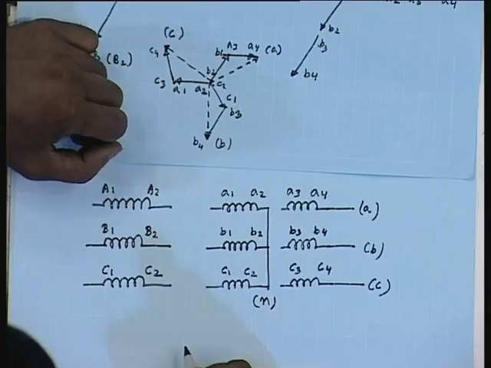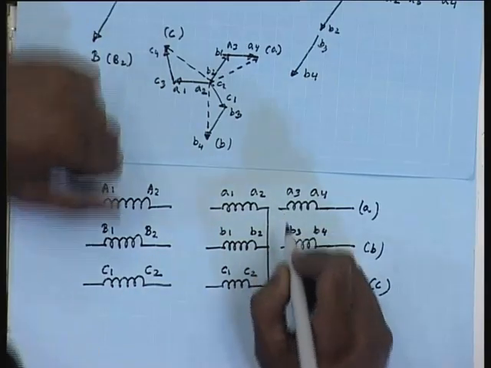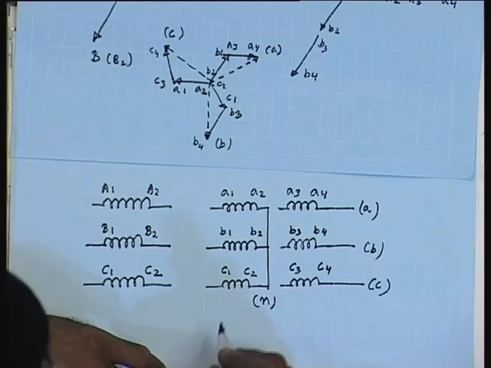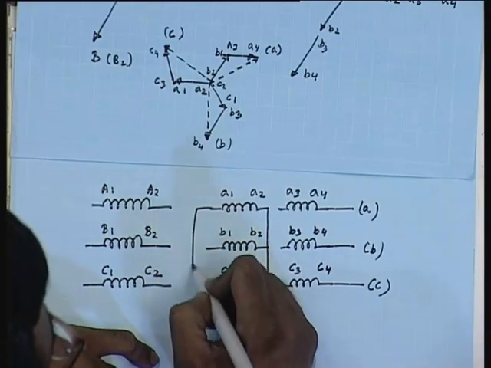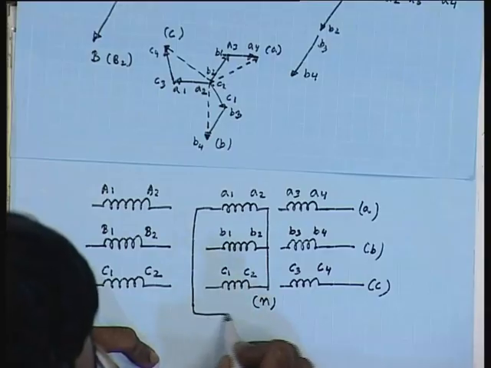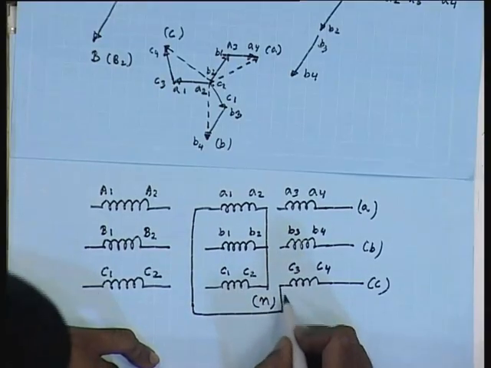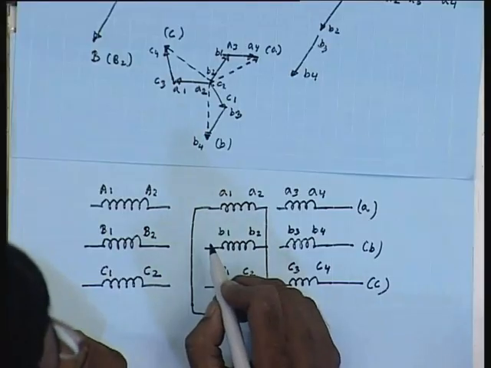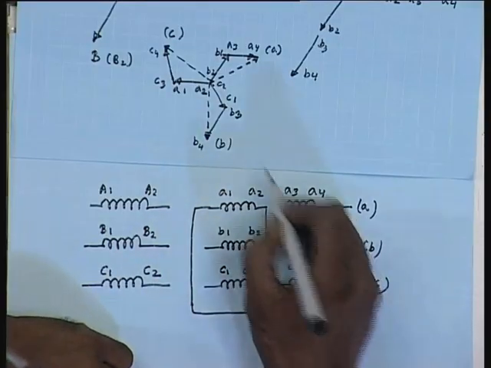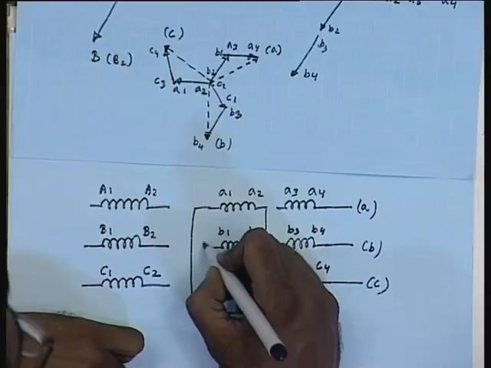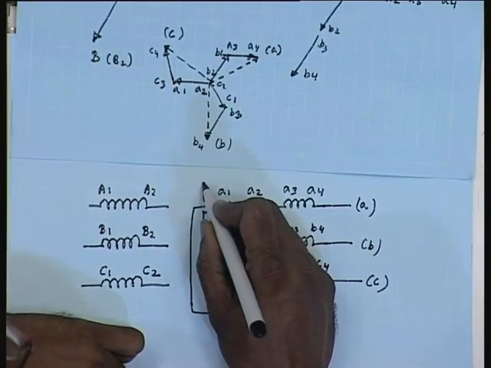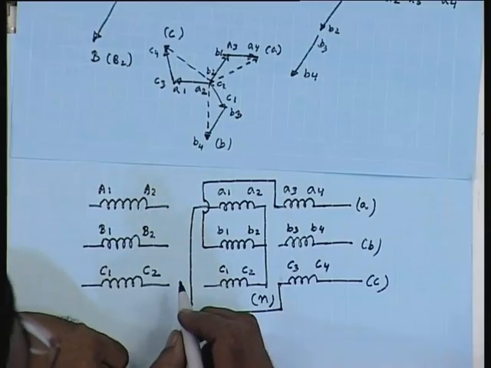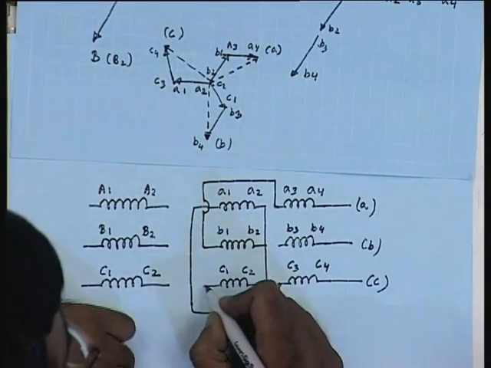Now, internal connection wise we find that A1 now is connected to C3, B1 is connected to A3, and C1 is connected to B3.